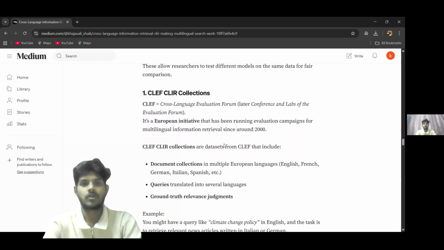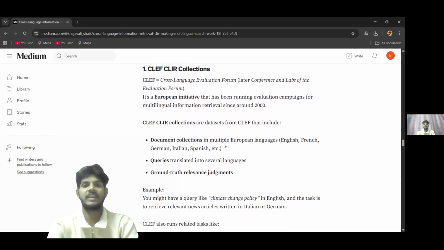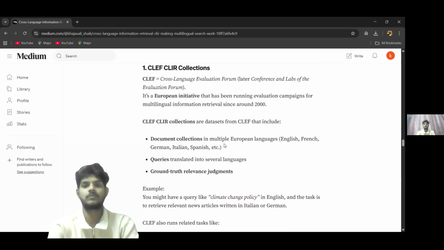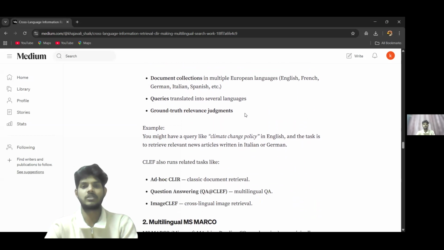Now let's discuss the CLEF CLIR collection. CLEF, Cross Language Evaluation Forum, later Conference and Labs of Evaluation Forum, is a European initiative that has been running evaluation campaigns for multilingual information retrieval since around 2000. CLEF CLIR collections are datasets that include document collections in multiple European languages, queries translated into several languages, and ground truth relevance judgments.